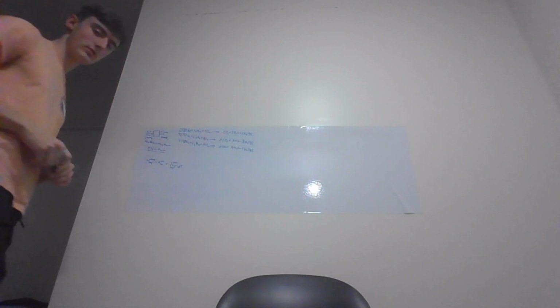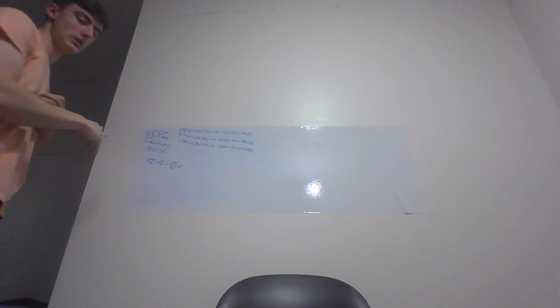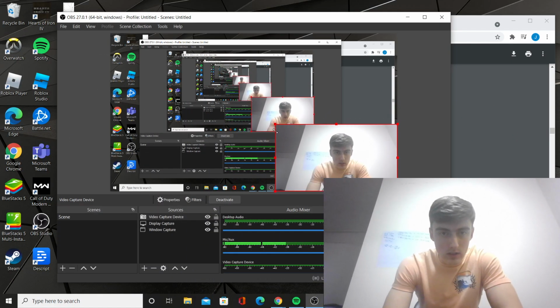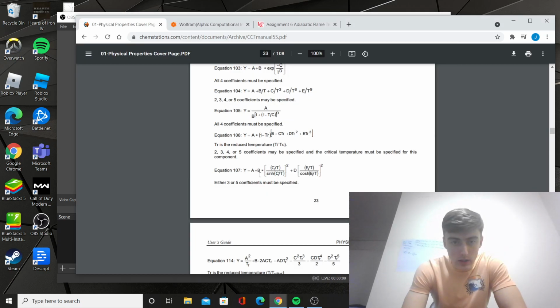Now, the equation to get the heat capacity for each of these compounds, we're going to take from ChemCAD. It's going to be equation 107, so I'm going to pull that up here. We have equation 107 right here.